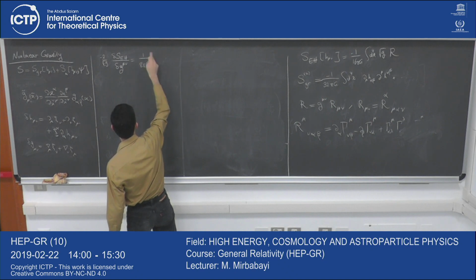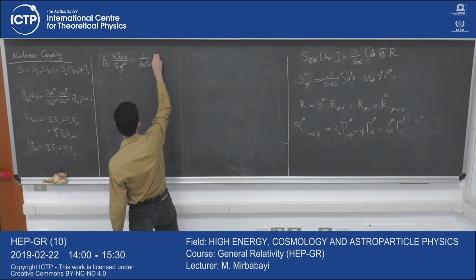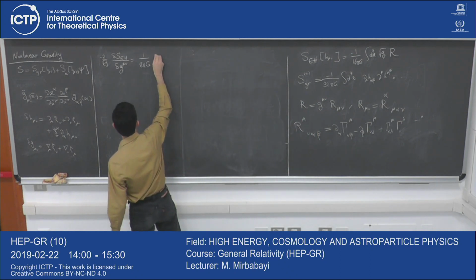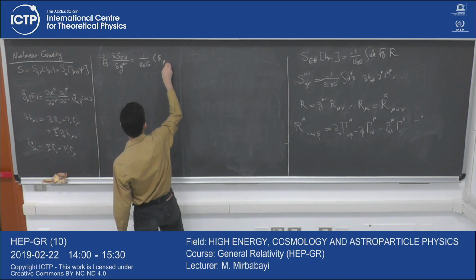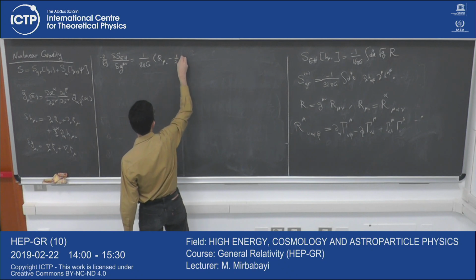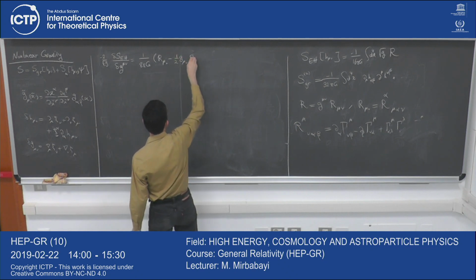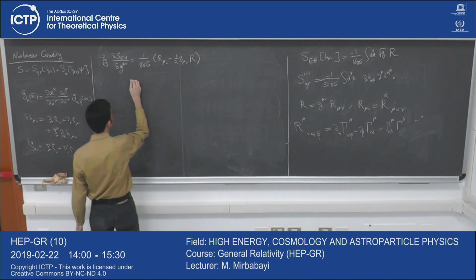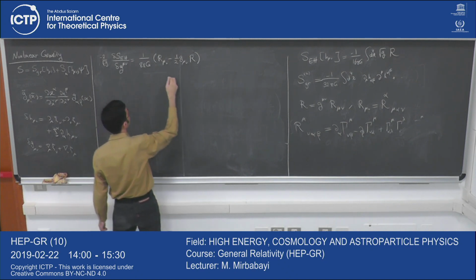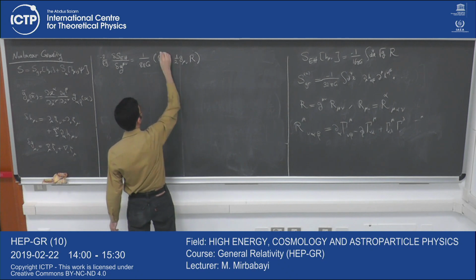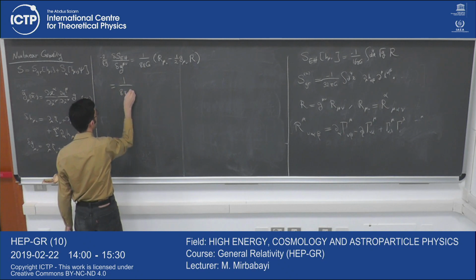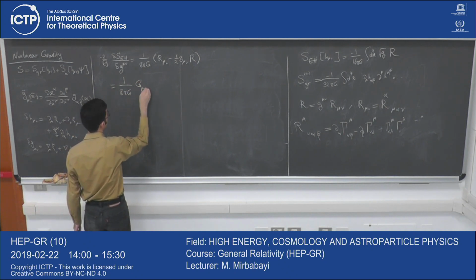So when I do this, what I'm going to get is related to the Ricci tensor. The answer is R mu nu minus 1/2 g mu nu R. And this whole thing is called the Einstein tensor, 1 over 8 pi G times G mu nu.